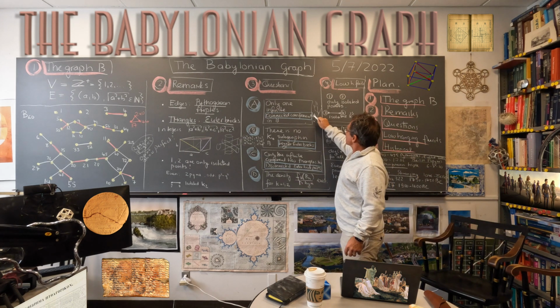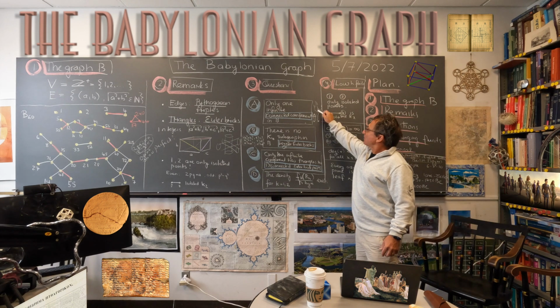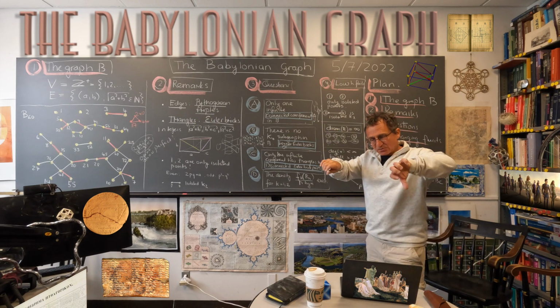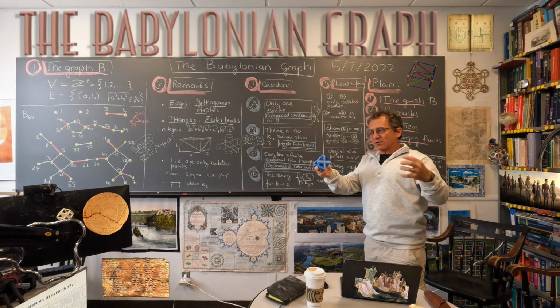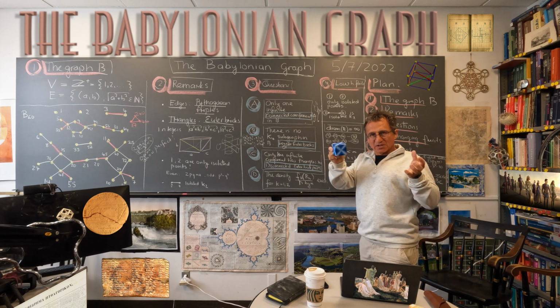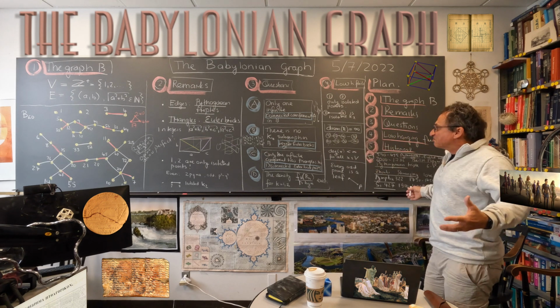So the question is, are there triangles in different connected components? These are disconnected Euler bricks. One Euler brick, another Euler brick, and there's no way you can go from one to the other using Pythagorean triples as connections. So I don't know.